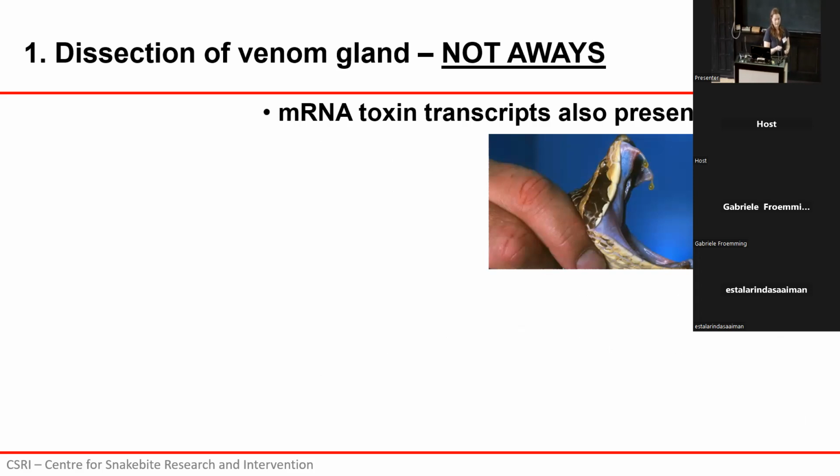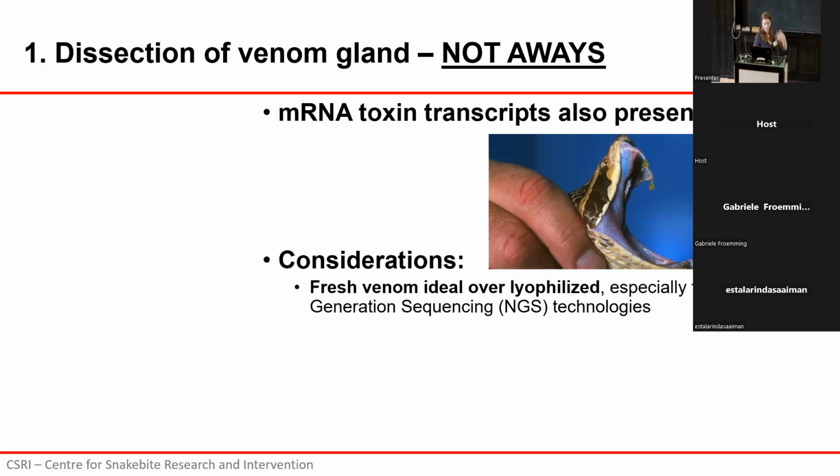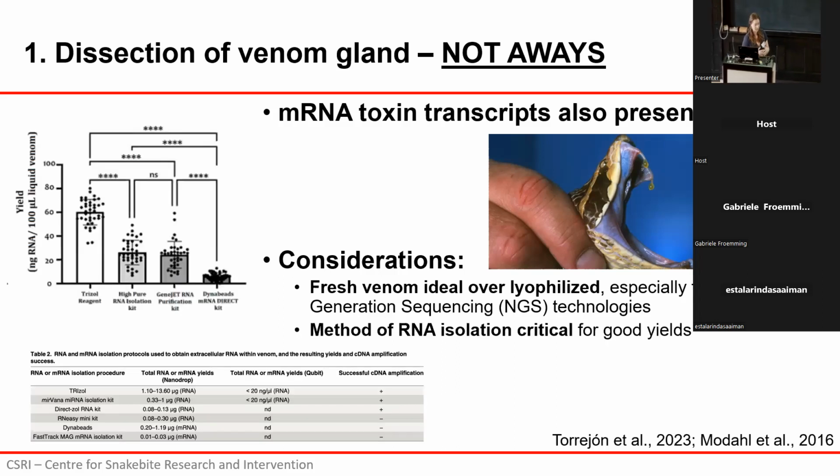And in fact, a general consideration I've realized from my work is that using fresh venom is best. Yes, you can get those transcripts from freeze-dried venom, but they're really poor quality. I would definitely use fresh venom, and the RNA isolation method is critical. So I found Trizol is quite good.